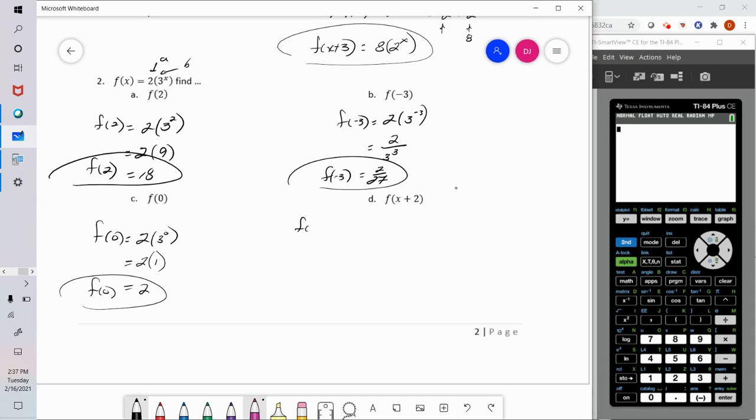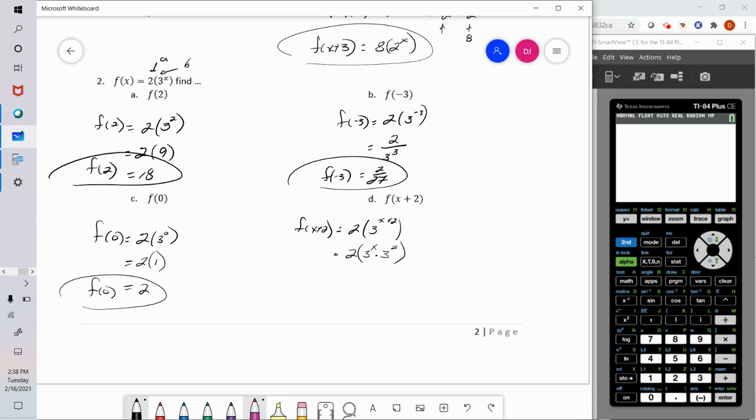For f of x plus 2, we have 2 times 3 to the x plus 2. And I told you the parentheses around the exponent is helpful. This time I'm going to choose to not do it, just to show you that alternative, but just be careful. So I've got the 2 outside. Then inside, 3 is being raised to the x power times 3 squared, right?